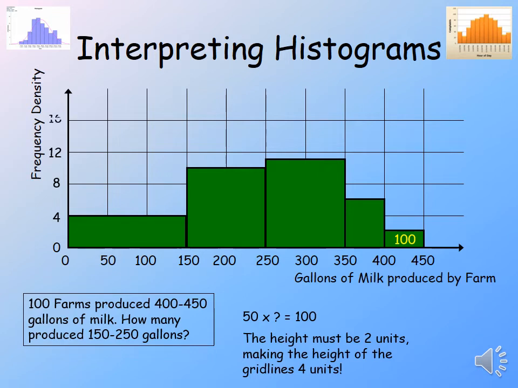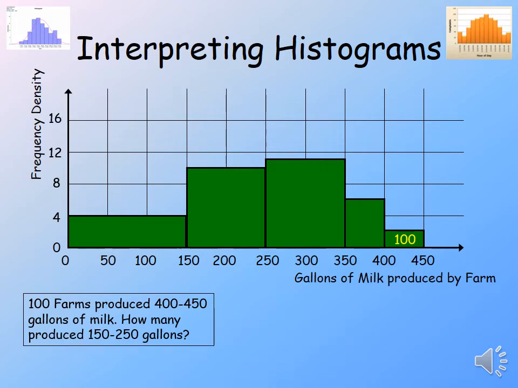It's not working yet. Okay, so mark the rest. So that is the area that we need. So here we needed to sort of work out the scale or the measurements on the frequency density. So that is the area that we need for 150 to 250, and now that's quite easy, isn't it?